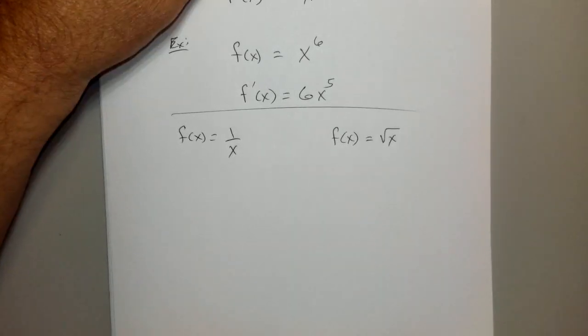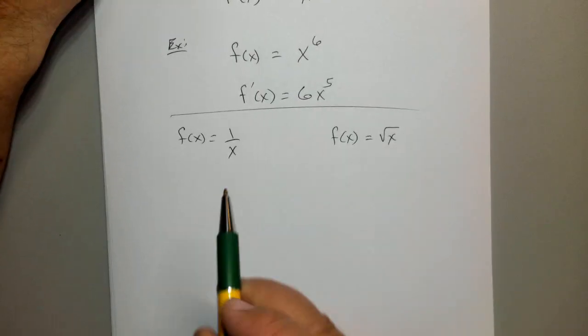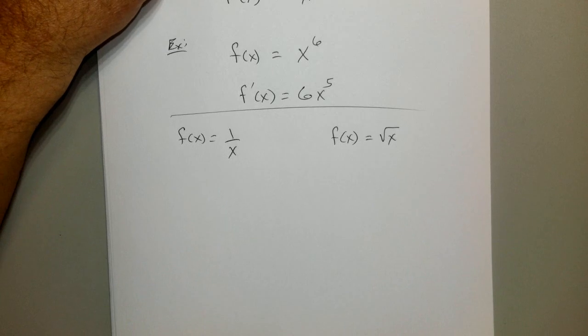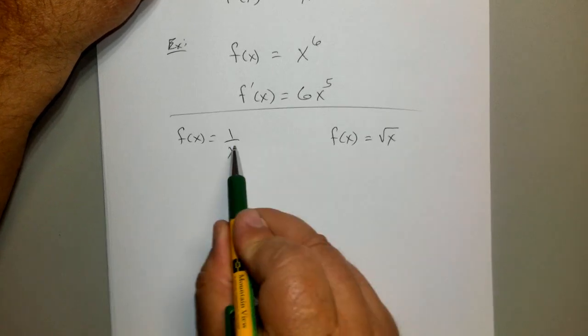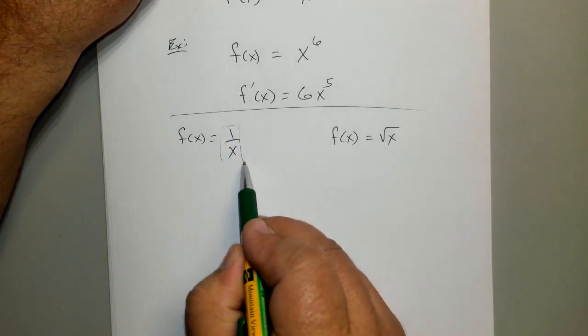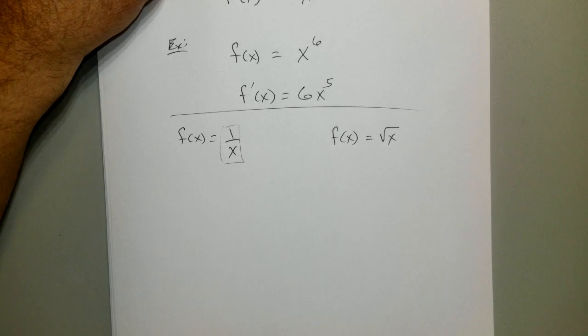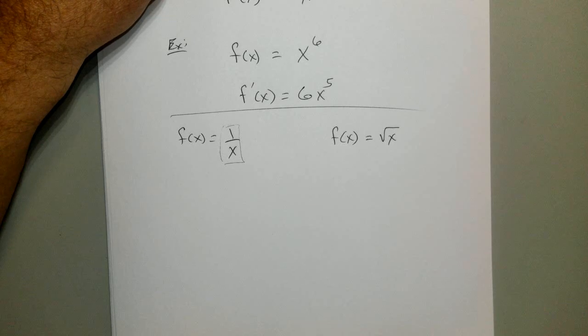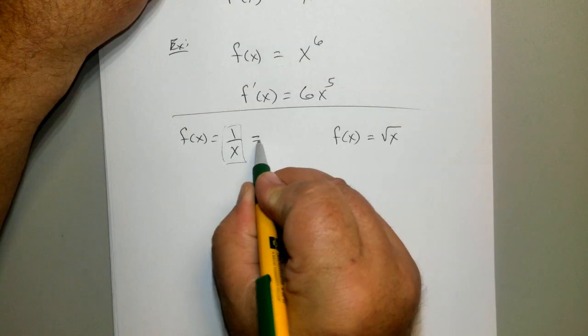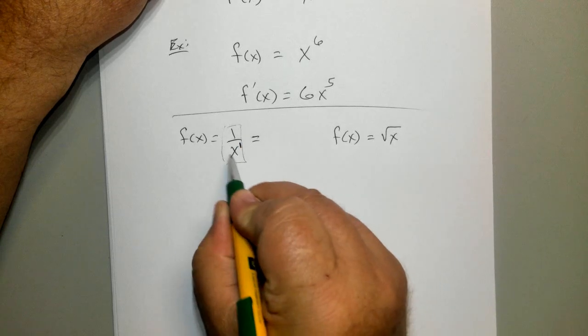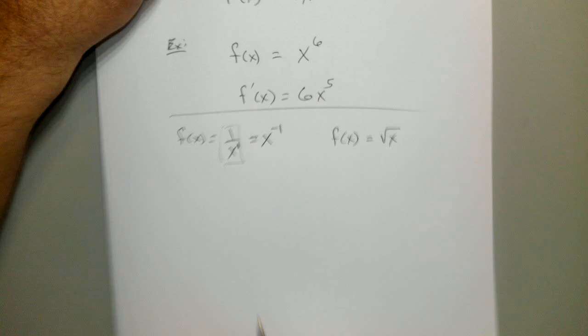What we have to do here is use the power rule to solve this one. How do we rewrite this function with respect to an exponent, to a power? Very good. Because x is down there, since I bring it up to the top, it becomes x to the power negative 1.